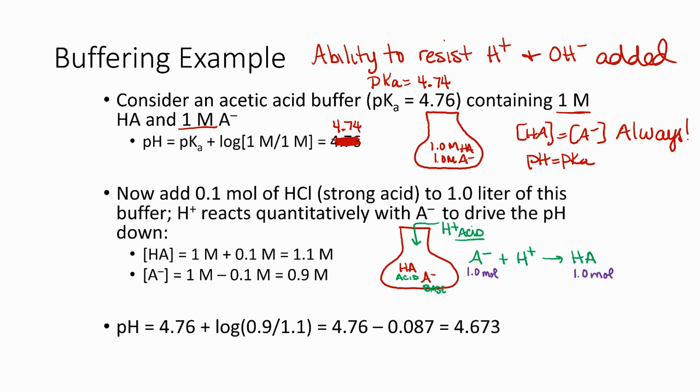Now let's picture that we add 0.1 moles of H plus. So some of the A minus is going to neutralize it. It's going to go down in the amount. You're going to make more HA.